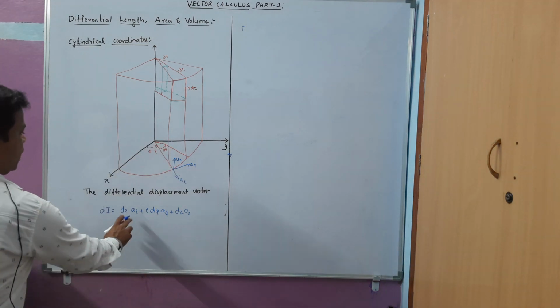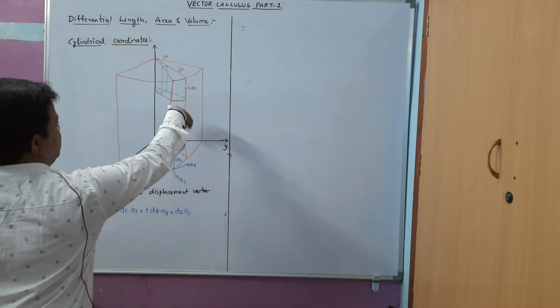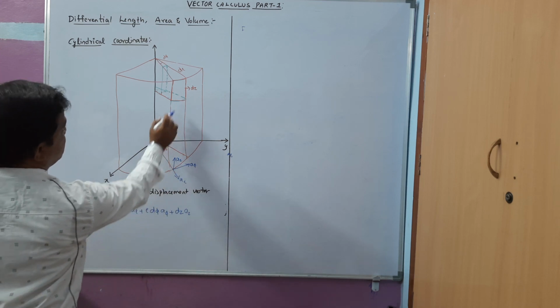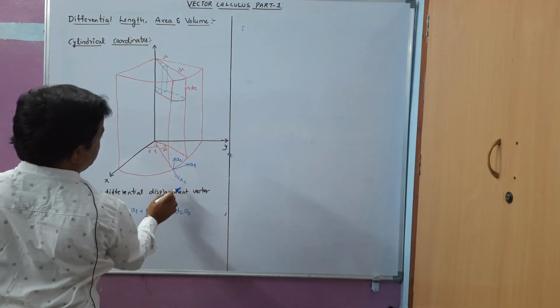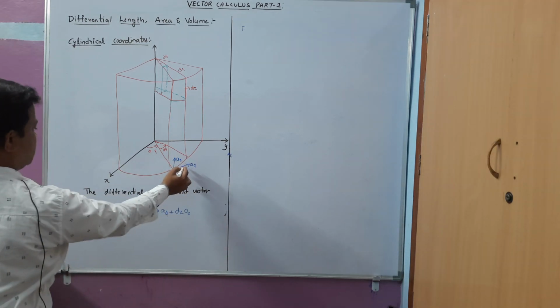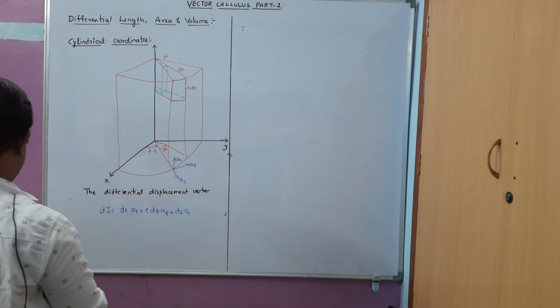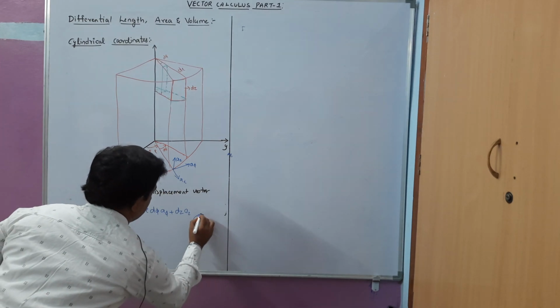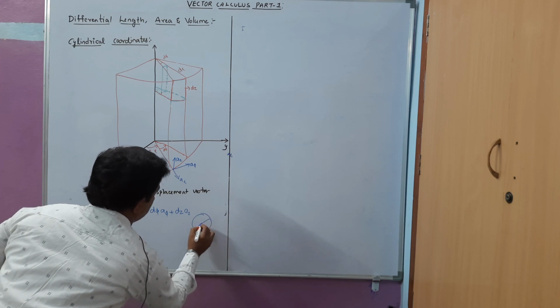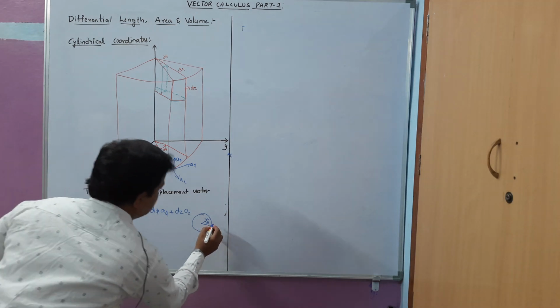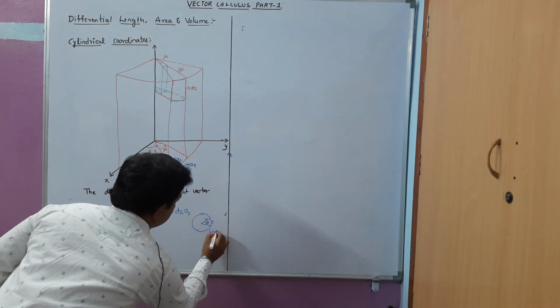Now along this we have the differential displacement d rho into a rho, and along this one we have rho d phi. How we got this rho d phi is a very important point. We know that if you have a circle like this, with theta here and radius r, the length of the arc will be s equals r into theta.